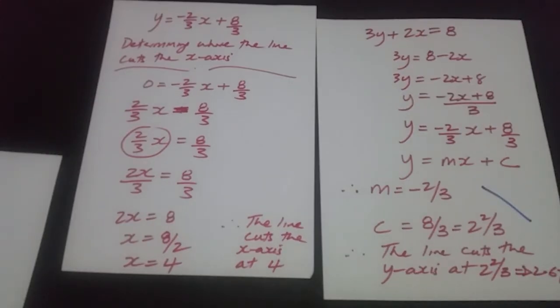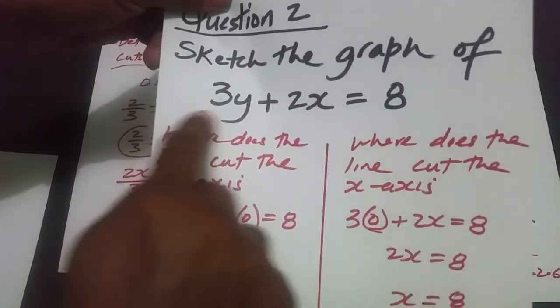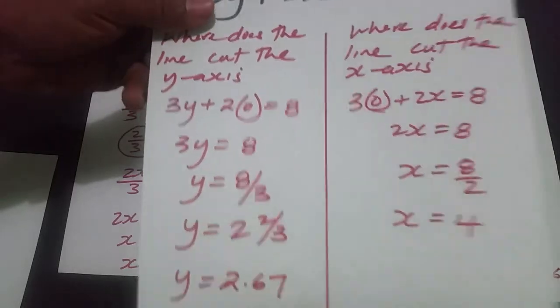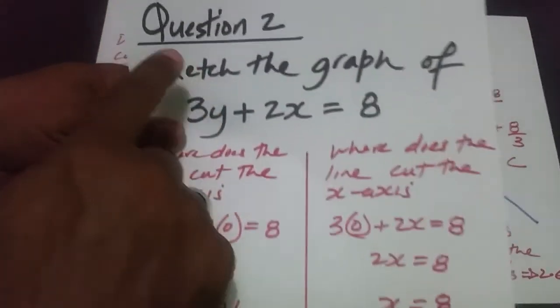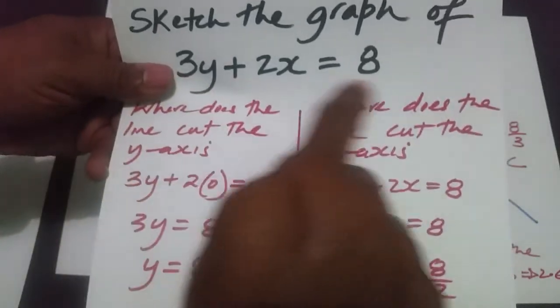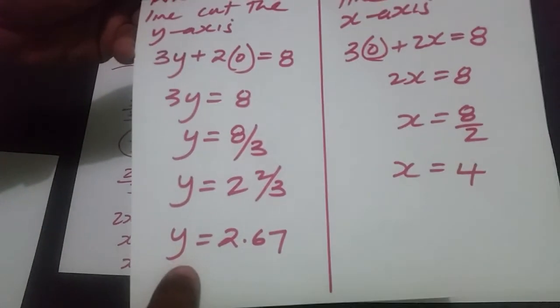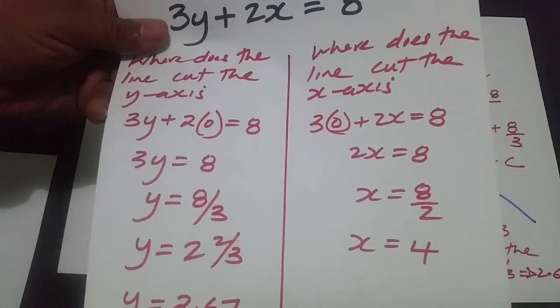If they're just asking you to sketch the graph, and especially if the equation is not in the general form, you can go ahead and employ this method to determine where it cuts the y-axis and where it cuts the x-axis.